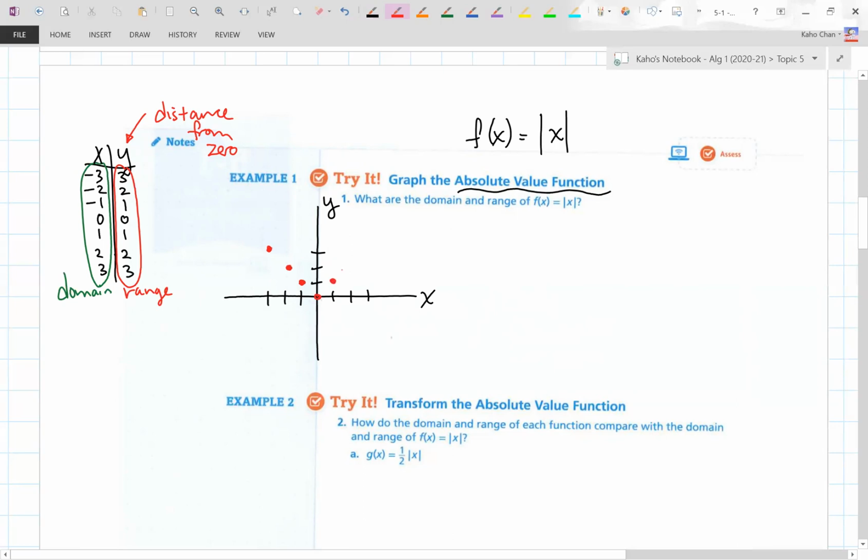There it is. My parent is a V-shaped graph. This is the parent graph.